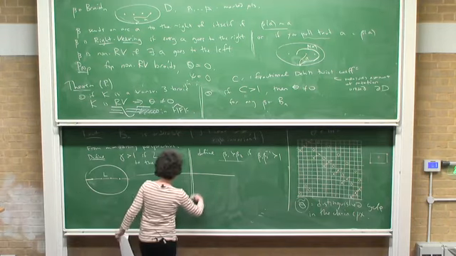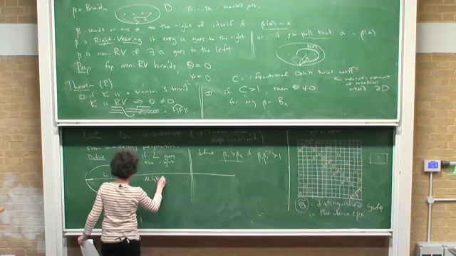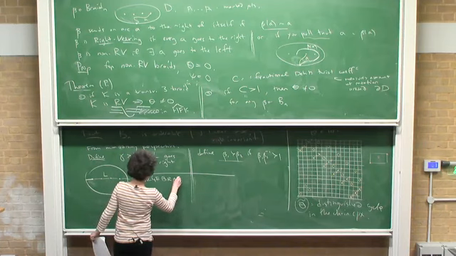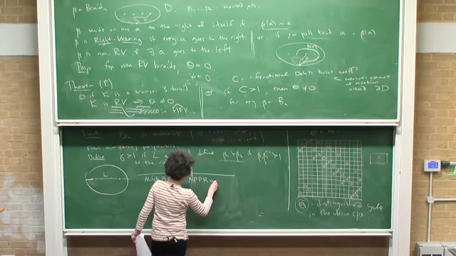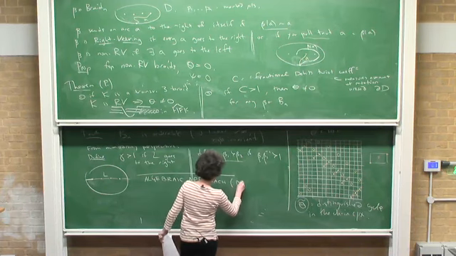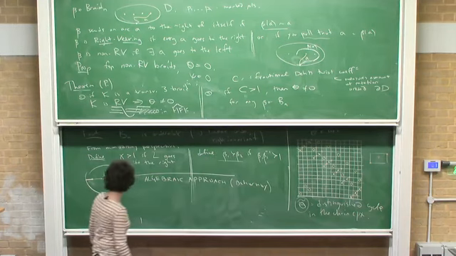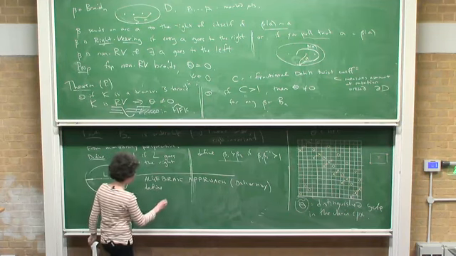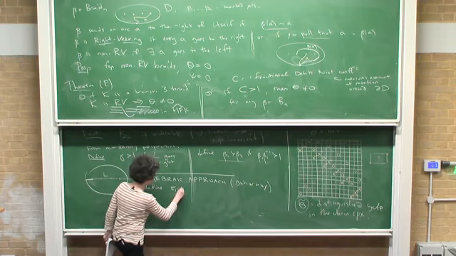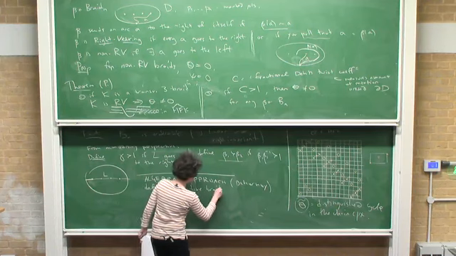The algebraic approach is to look at the braid words. So first let's define sigma 1 positive braid words.